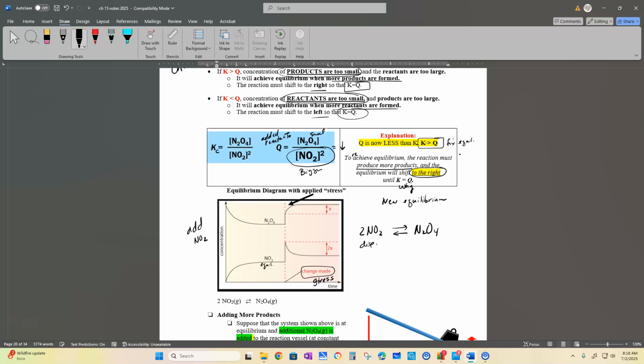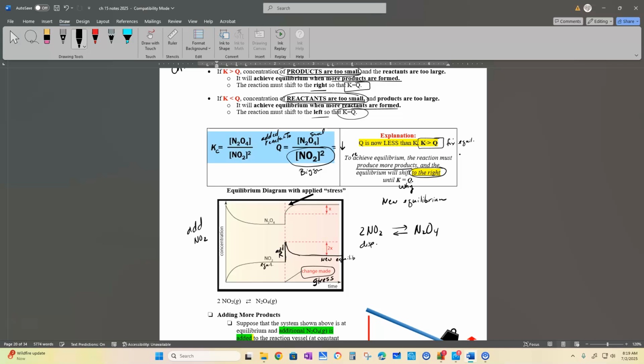And what happens is, because I added reactants, okay? And then, because it's a reactant, same thing, I'm going to decrease, okay? I'm going to disappear over time, and then I'm going to flatline. And now this is my new equilibrium.